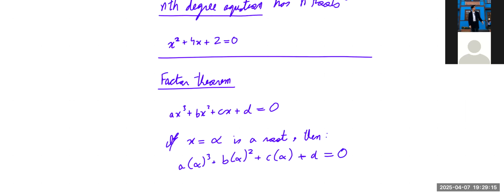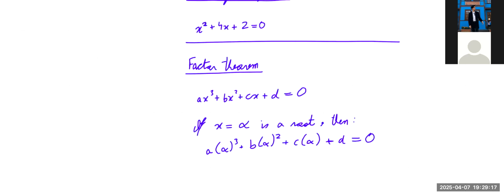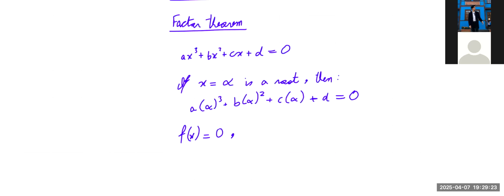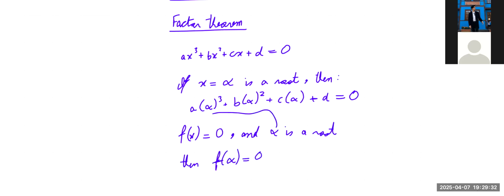I mean, that's actually kind of obvious, isn't it? So in a general sense, if you have any function that equals 0 and you know that alpha is a root, then f of alpha will always be 0, meaning if you plug in the root as an input to your function, you will always get 0.